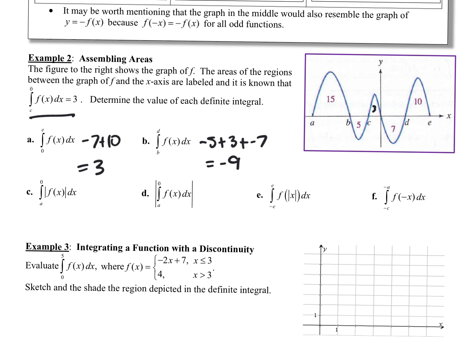Become positive, right? It's going to flip up over the axis, right? So it's just saying take all the area, but it's all positive, right? So we're going from A to 0. But all of that's now positive, right? So you're going to do positive 15, positive 5, positive 3. Or 23.